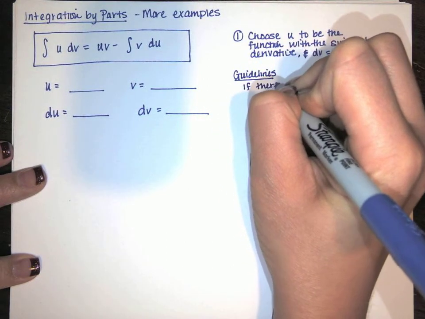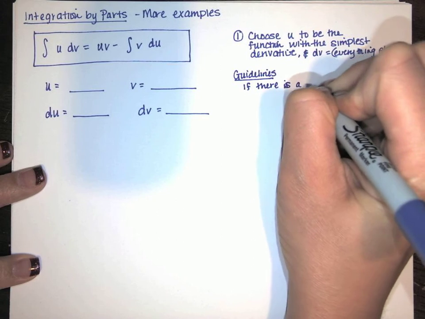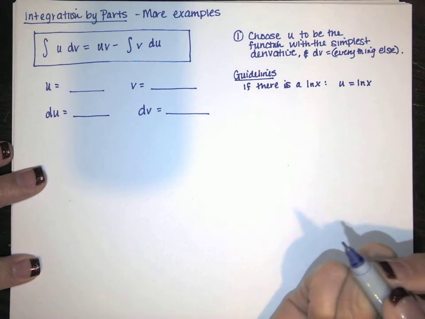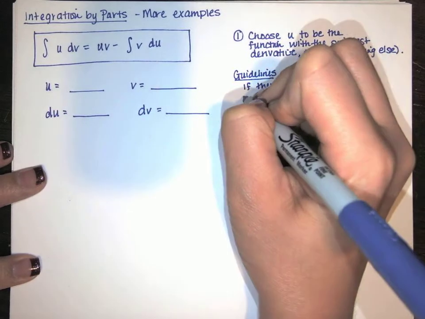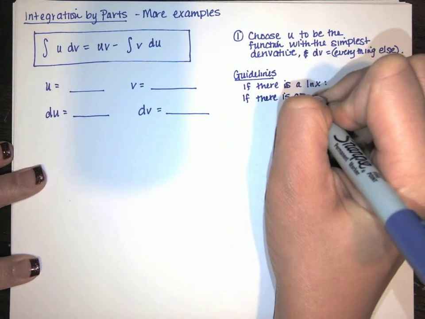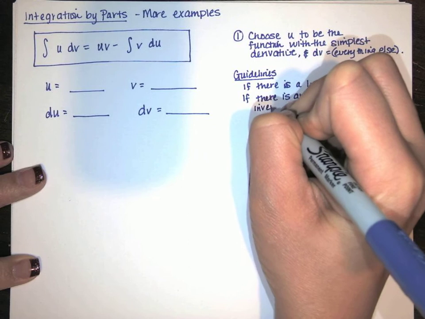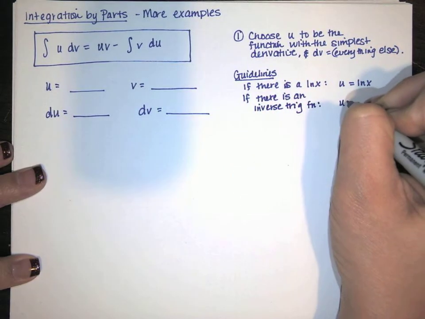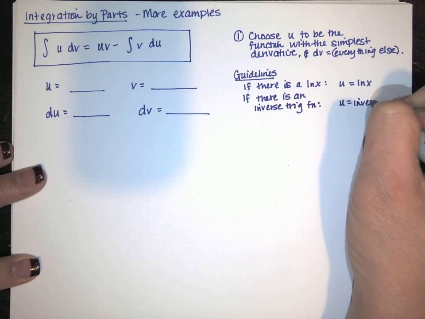If there is a natural log, you're probably going to want u to be natural log of x. If there is an inverse trig function, you want u to be the inverse trig function.